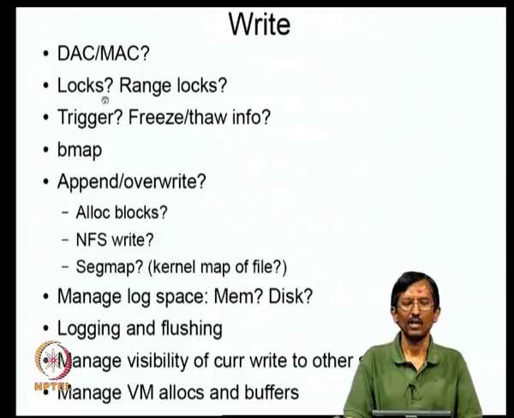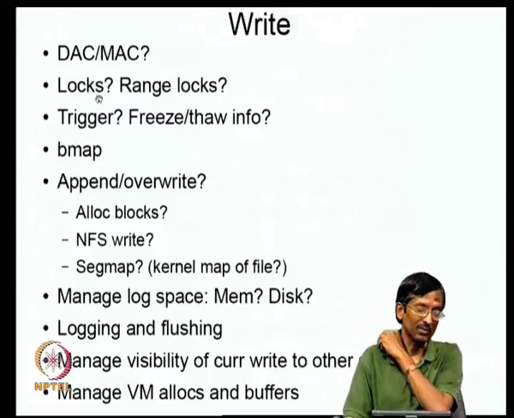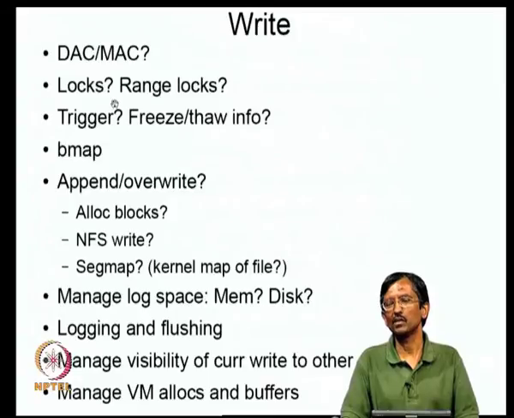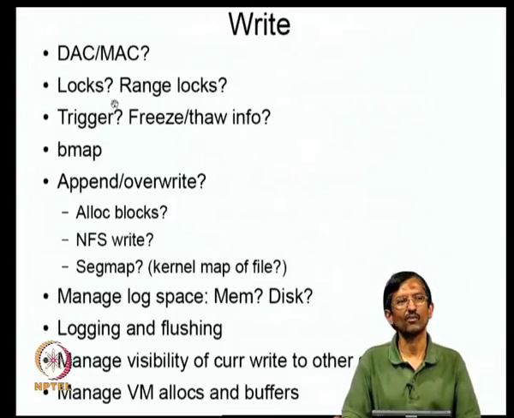And it is not just the locks of the file system, it will also be the locks of the VM subsystem, the virtual memory subsystem. As we discussed before, there is a strong interaction between the file system and the virtual memory subsystem. The virtual memory subsystem also takes certain locks, for example, address space locks.